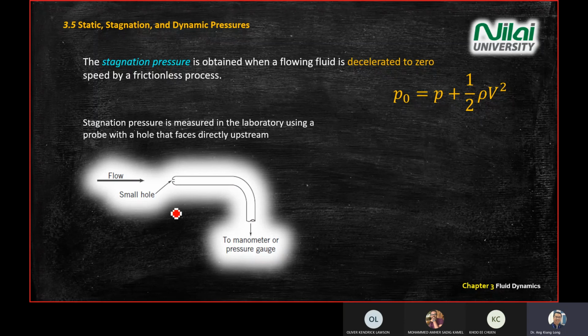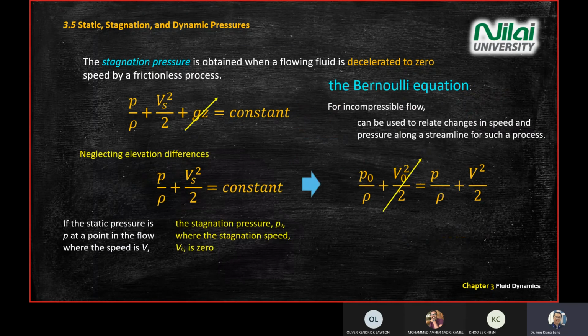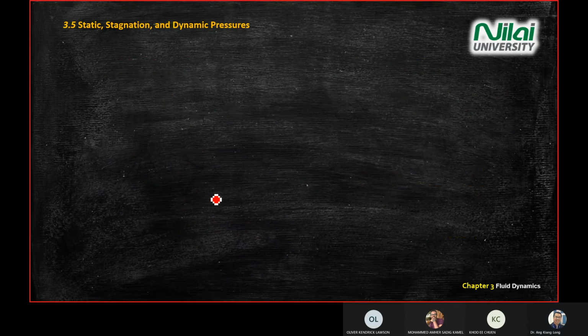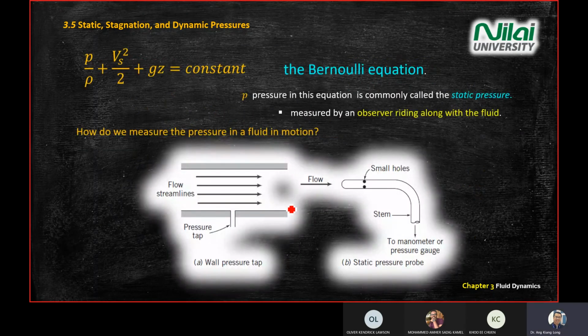Again, there's a difference between stagnation pressure measurement and static pressure measurement. This is a static pressure measurement, where you can see that the flow is along the hole here.